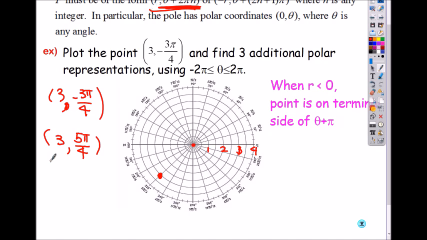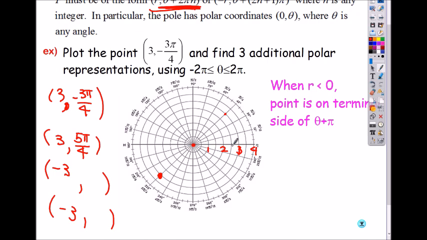And now the other two. I said there are 4 different ways to write the same point. Now we're going to do the negative radius. If we put the negative radius, then it refers to the angle on the opposite side of the pole. So at 45, that's not the point that we are looking at, but if it says negative radius, you can use the angle opposite to it.